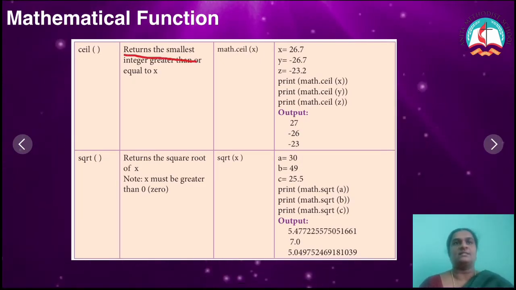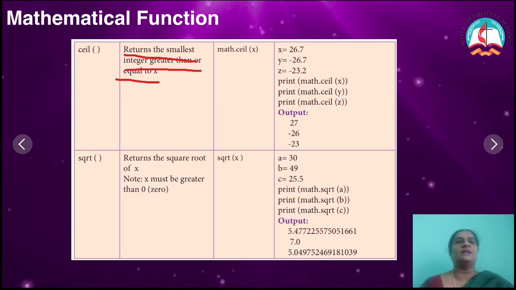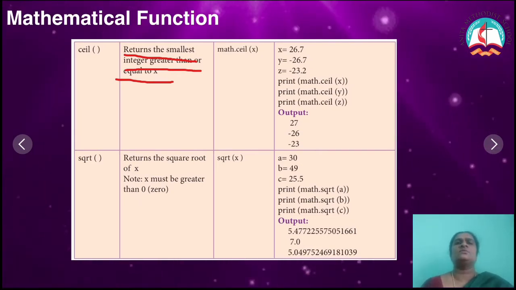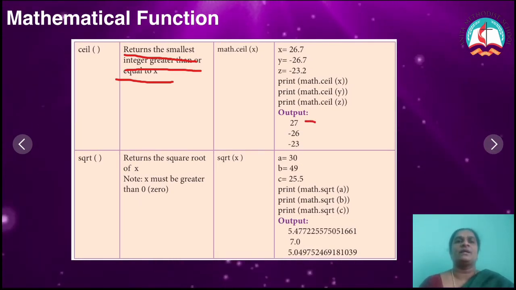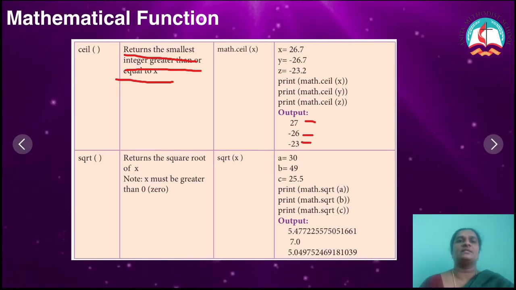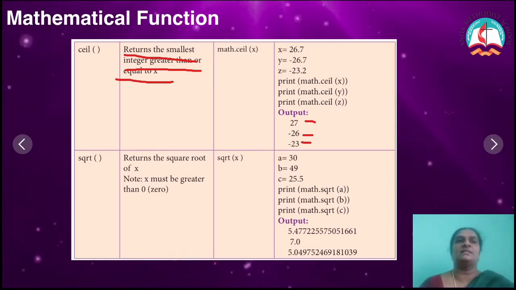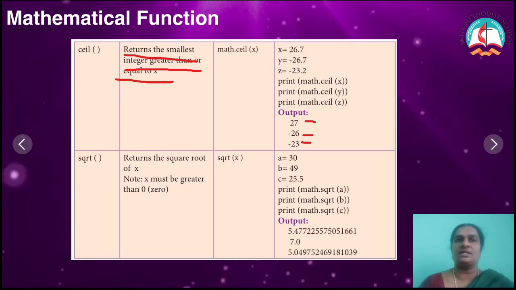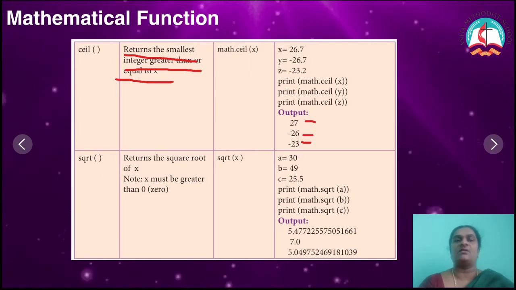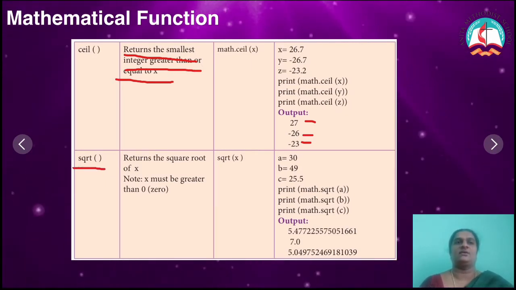Because it is the smallest integer greater than or equal to x. So here it is displayed as 27, minus 26, minus 23. There it says it is less than and the largest value, but here it is the smallest integer greater than or equal to x.